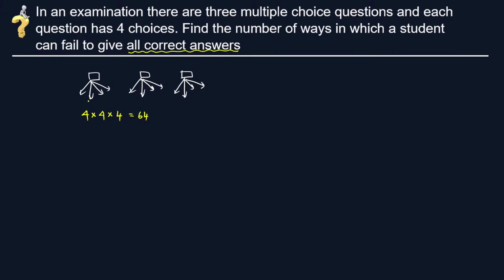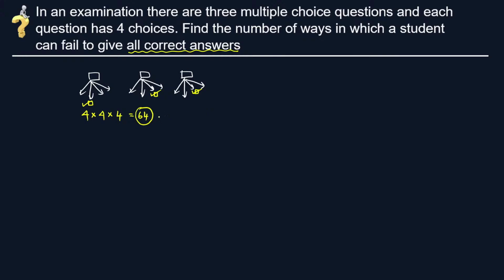Let us say this answer is correct, this answer is correct, and this answer is correct. So out of these 64 ways, there is one way where the student has marked all the correct answers. But I want that the student should fail to give all correct answers.